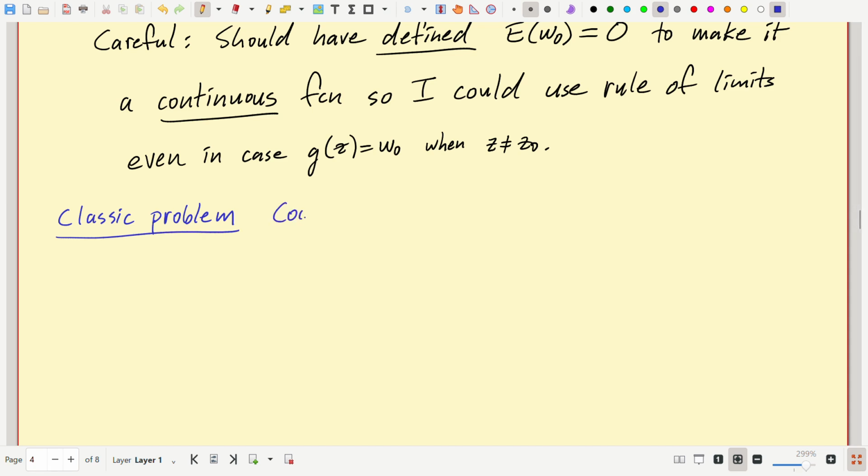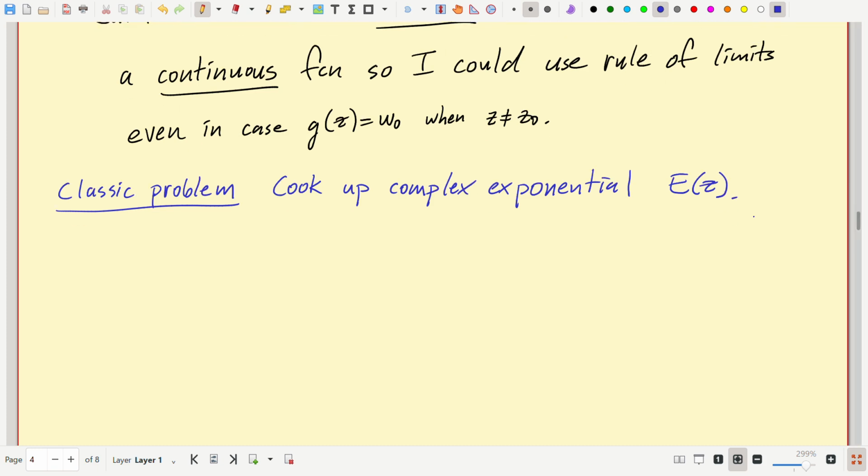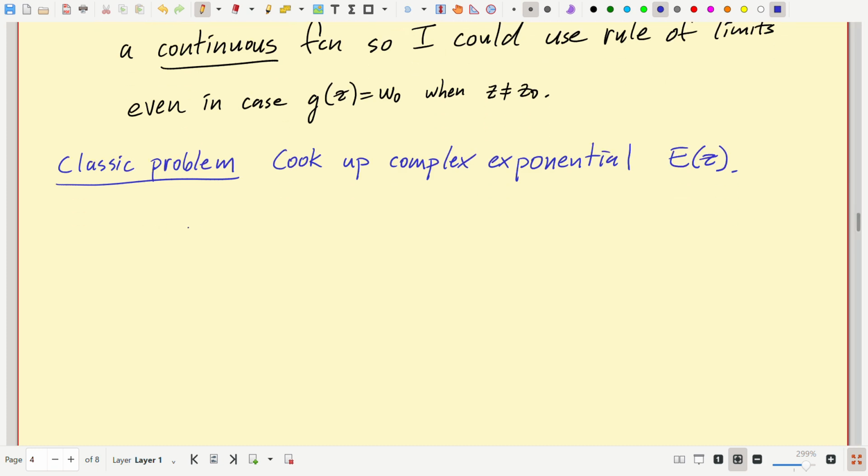Cook up the complex exponential. I'll call it E of Z. And that's a function with a complex derivative. So number 1, I guess, is that E of 0 should be 1. And number 2, its complex derivative should be itself.